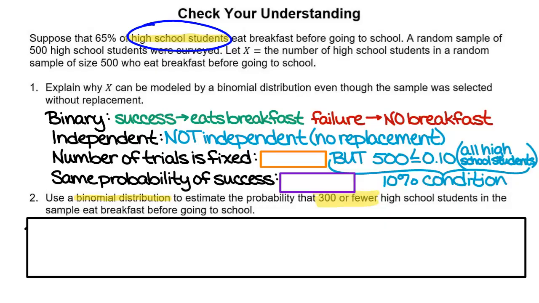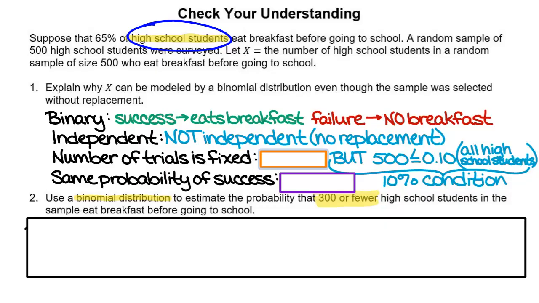This is what I would want to see as far as work goes to justify when it's not independent, but we're going to go ahead and say it's basically independent. I would want to see this written down here. Number of trials is fixed. Is that true?